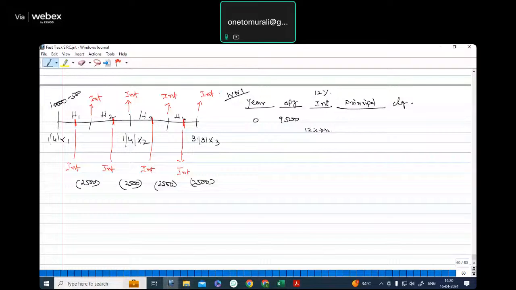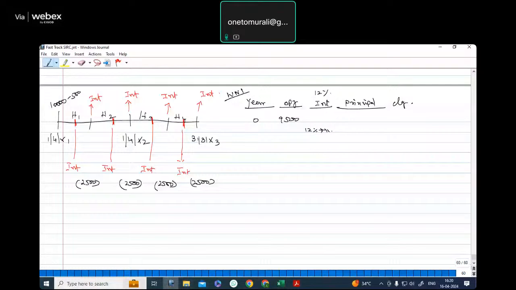So I will put it this way. Instead of putting it as year, I will put this as quarter number 1. Here, no principal. Closing is going to be 9,800. Quarter number 2, 9,800.